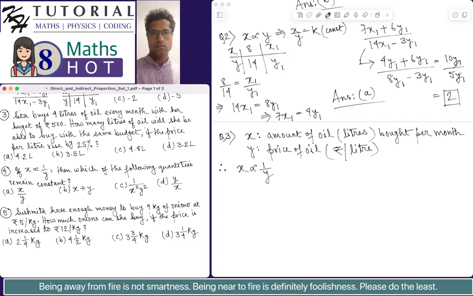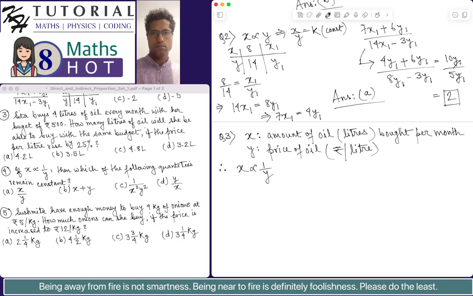Okay, so the actual price is not given. The first line says Sita buys 4 liters of oil every month with her budget of 500. Now, what was the price of the oil when Sita was buying 4 liters of oil? It is not given.